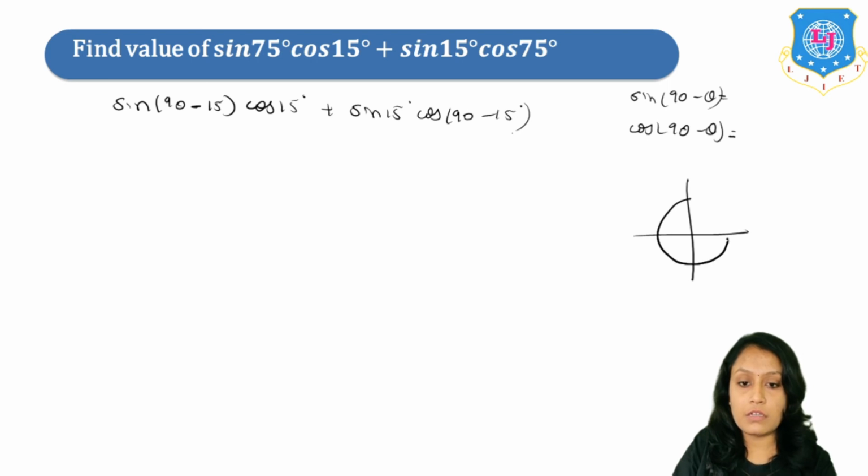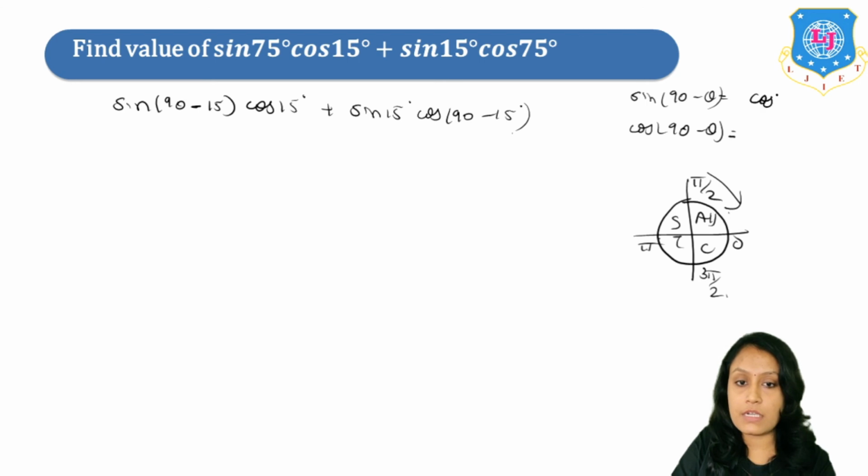So this is a circle. We have 0 here, pi by 2, pi, 3 pi by 2 and so on. 90 degrees means pi by 2, and pi by 2 minus theta means the first quadrant. In the first quadrant we have all positive, so a positive sign will come here.